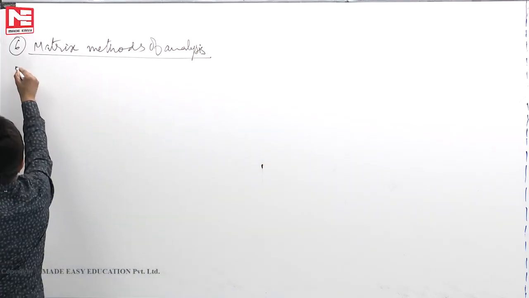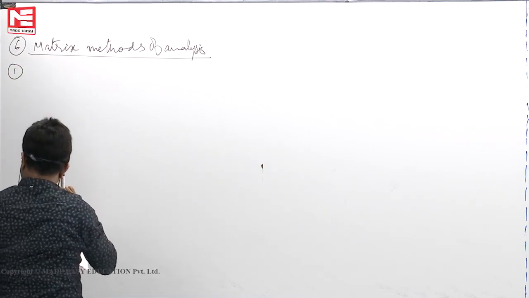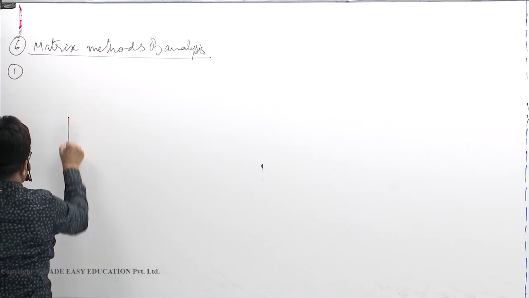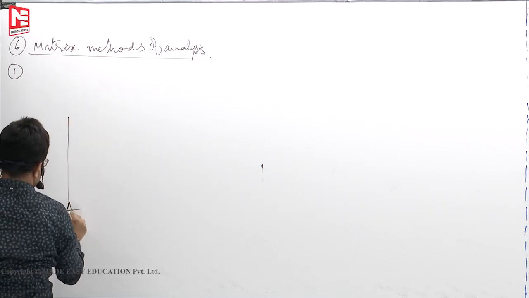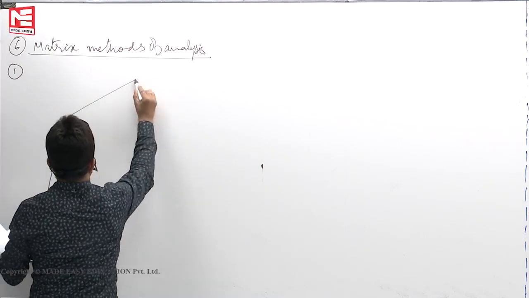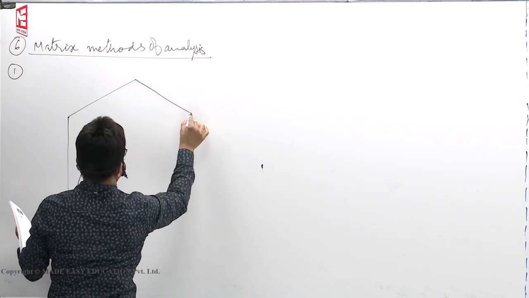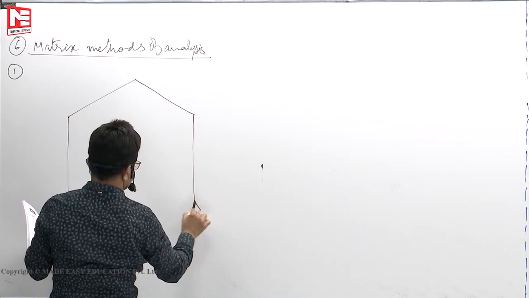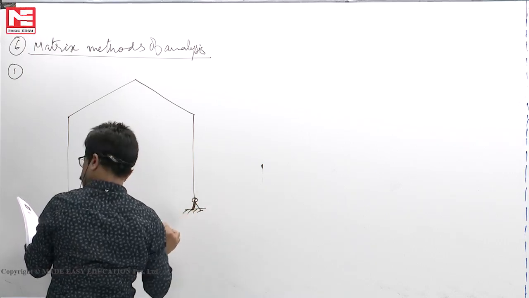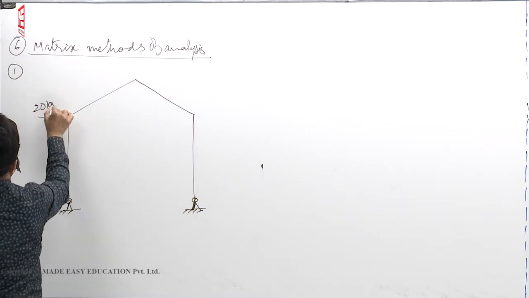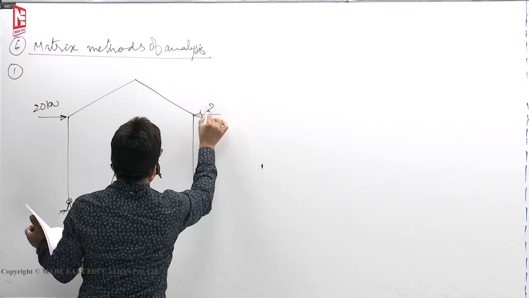Now the first question is: the rigid gable frame shown in the figure is to be analyzed by the stiffness method. So it is like this. There is a 20 kilonewton load, and this is also 20.